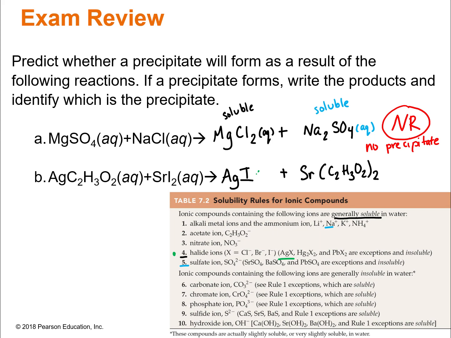So this compound will form a solid. Let's check the other compound just to be sure. We've got strontium acetate. Acetates are soluble, and there's no exceptions here.